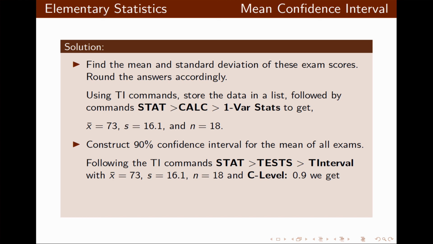Of course, we keep the input option at stats level. And the final answer should be 66.4 to 79.6. So what this means is we are 90% confident that the mean of all exams will be between 66.4 and 79.6.